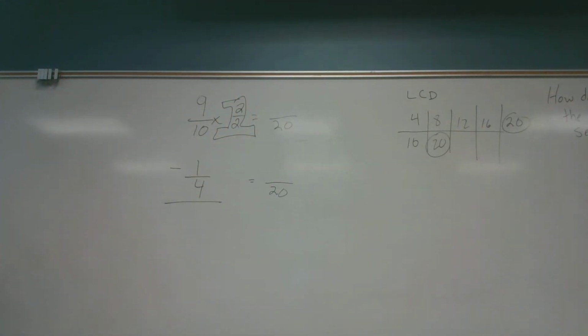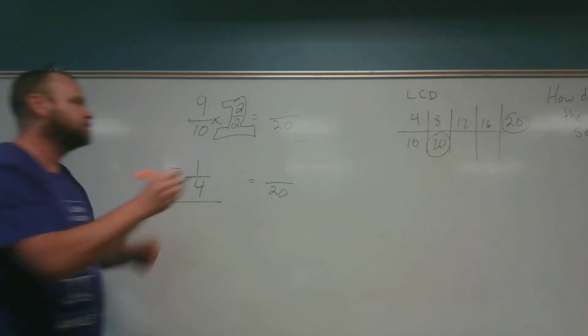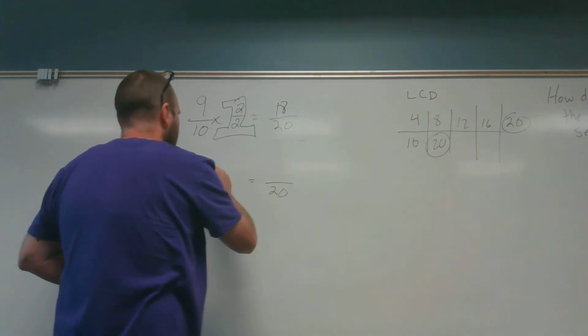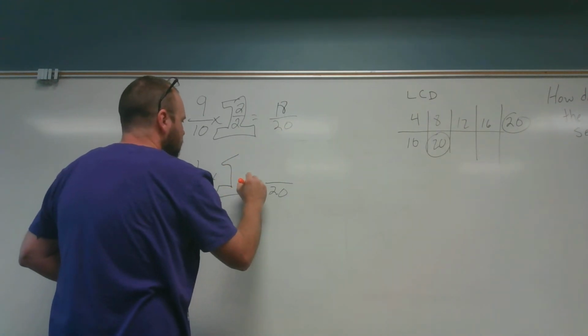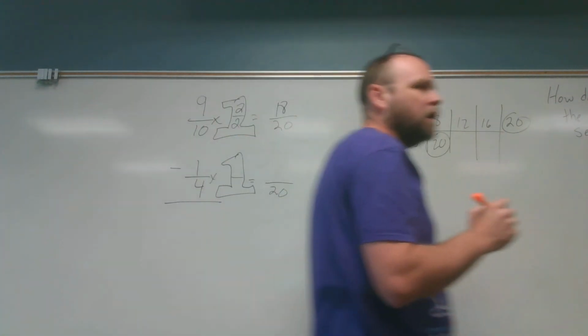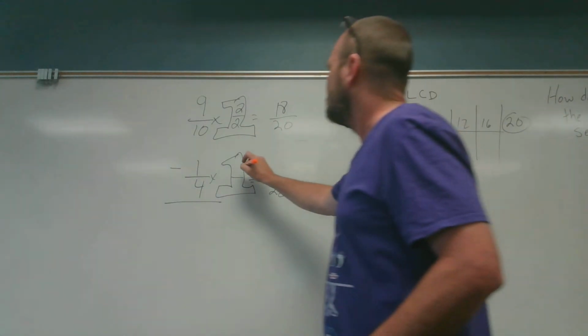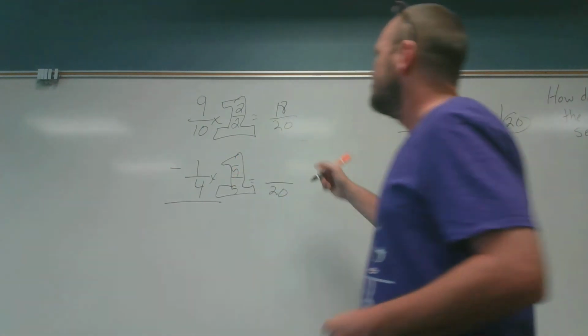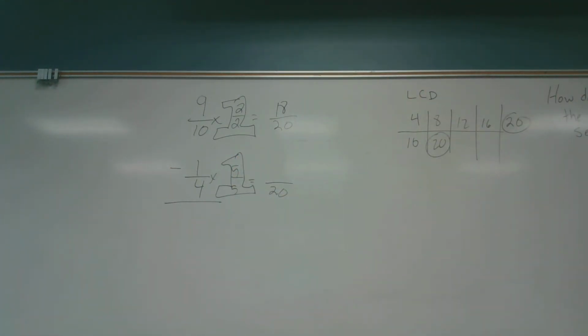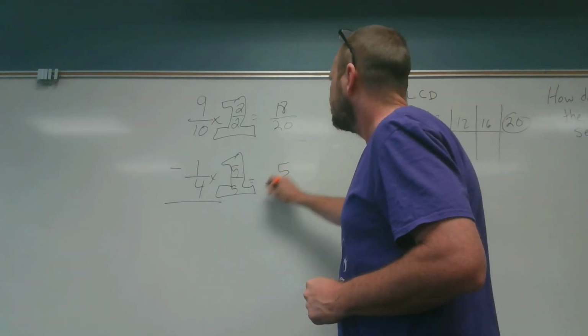And what's my new numerator? 18, because 9 times 2 is 18. I need to multiply 1/4 by a fraction that equals 1. What would I use? 5 over 5, because 4 times 5 equals 20. And my new numerator is 5, because 1 times 5 is 5.